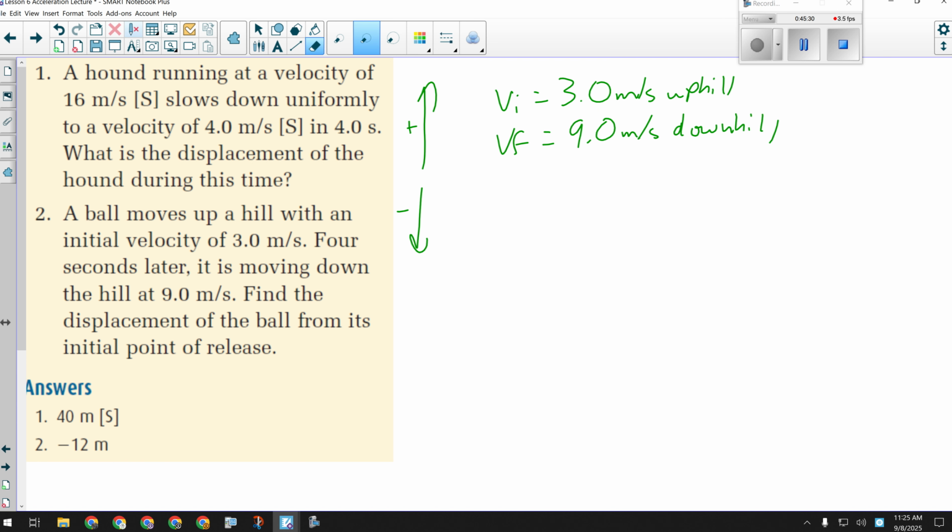And we're looking for the displacement if that takes 4 seconds.